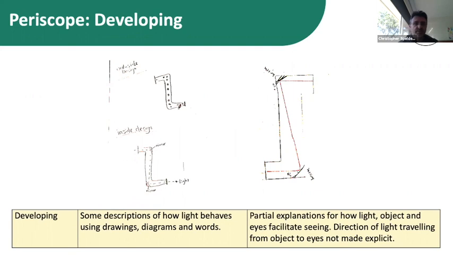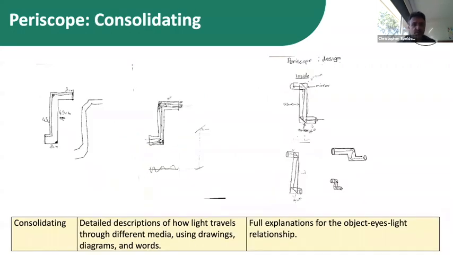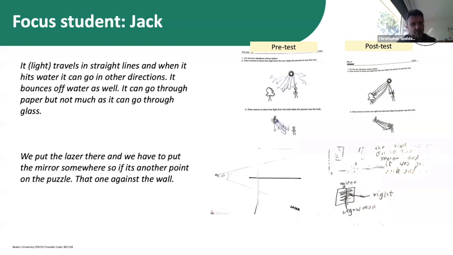And then on to the next slide, which is consolidating. The explanations are represented in more detail. So you've got these stages and levels of description of how light travels in more detail as they get to consolidating.